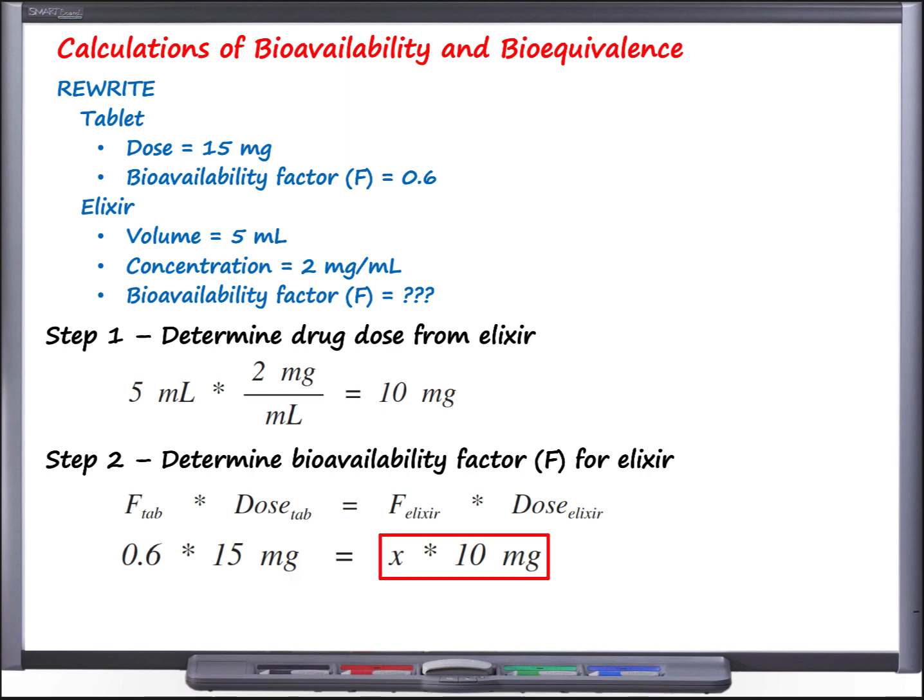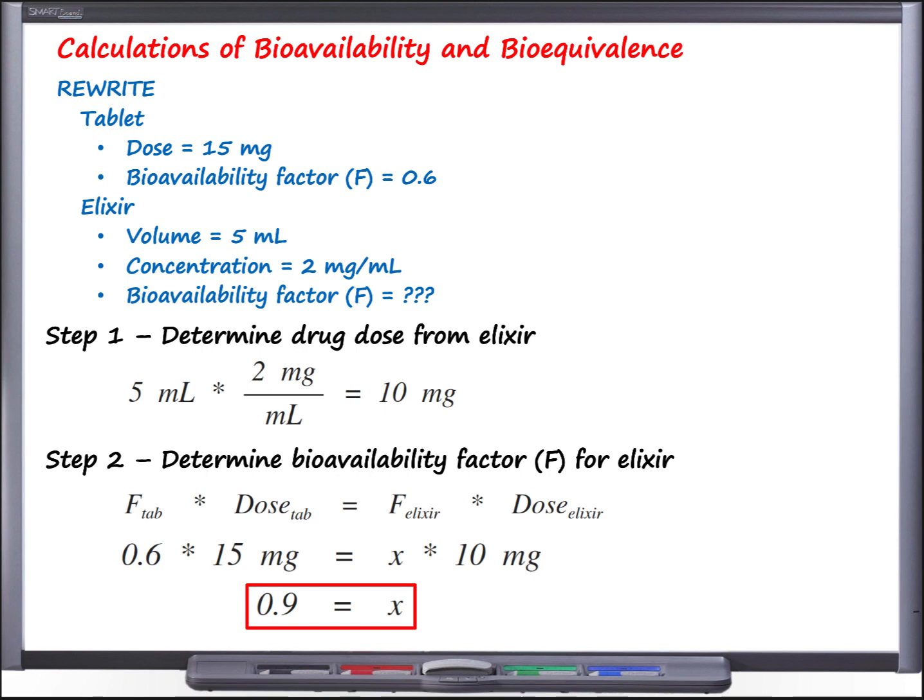And then we're going to set that equal to, as we said, the same as if we give a 10 milligram dose of the elixir, the number we just calculated above, times its bioavailability factor, which we don't know. So we set that equal to X. X represents the bioavailability factor for the elixir. Now we need to do just some simple math to solve for X. If we take 0.6 times 15 and divide that by 10, mathematically you should get X equal to 0.9, which is kind of interesting.